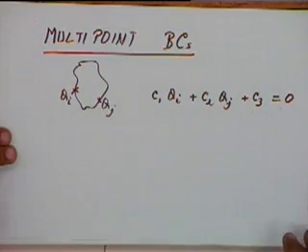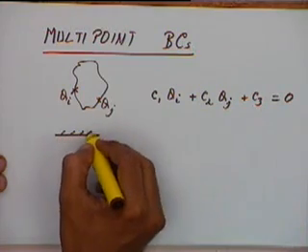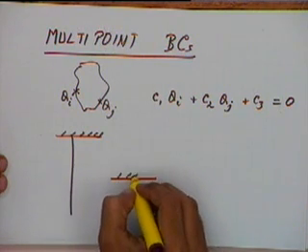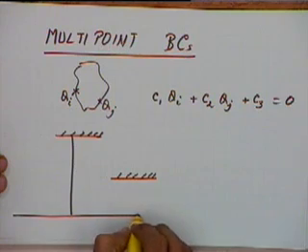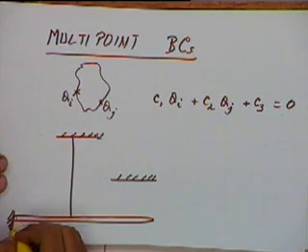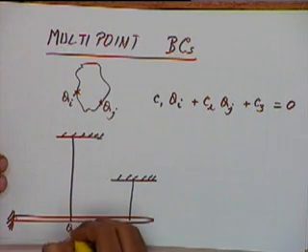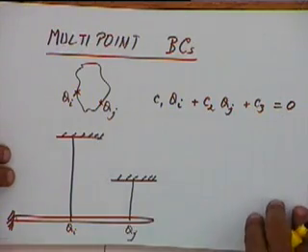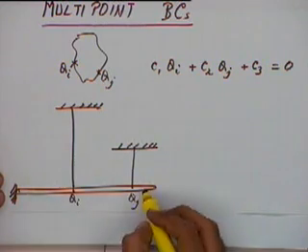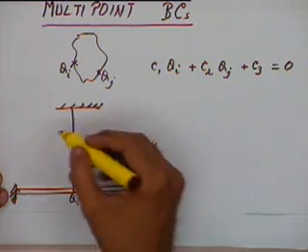Typically, situations where these kind of boundary conditions are used, let us say if you are talking of a situation like this, if we have a system like this where there is a lever which is tied by two ropes, and we assume that this lever is, let us say, very rigid compared to the ropes.